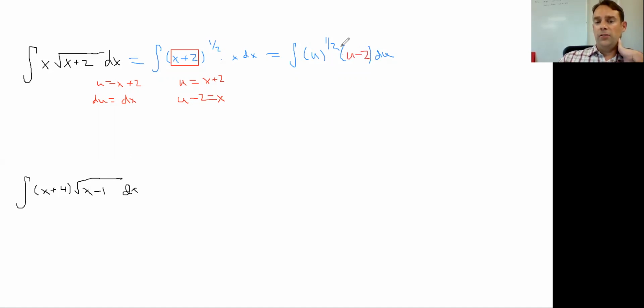And now I can take this exponent here and distribute the u to the 1/2 into this entire thing and create something that I can potentially go ahead and integrate. So u to the 3/2 minus 2u to the 1/2 du.